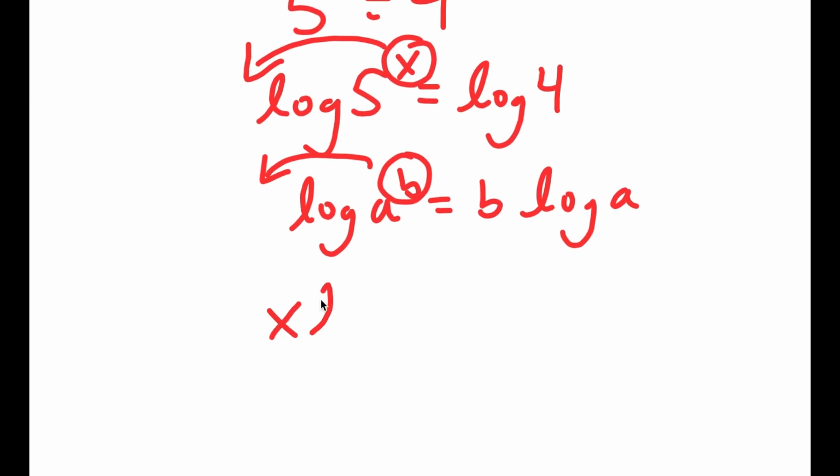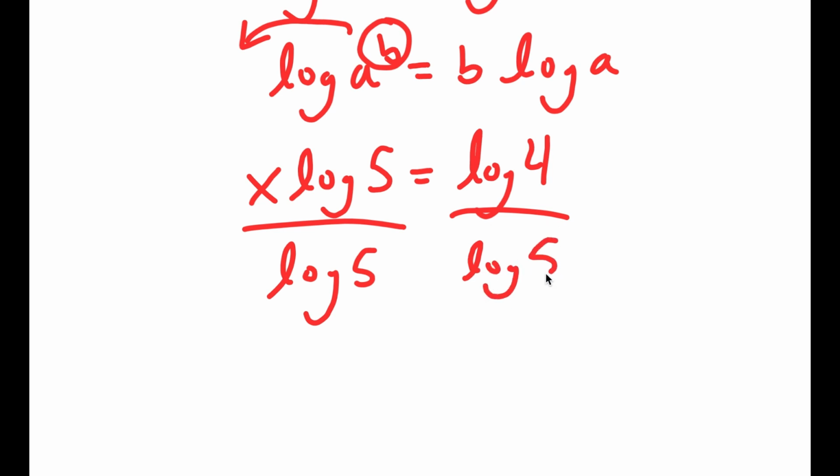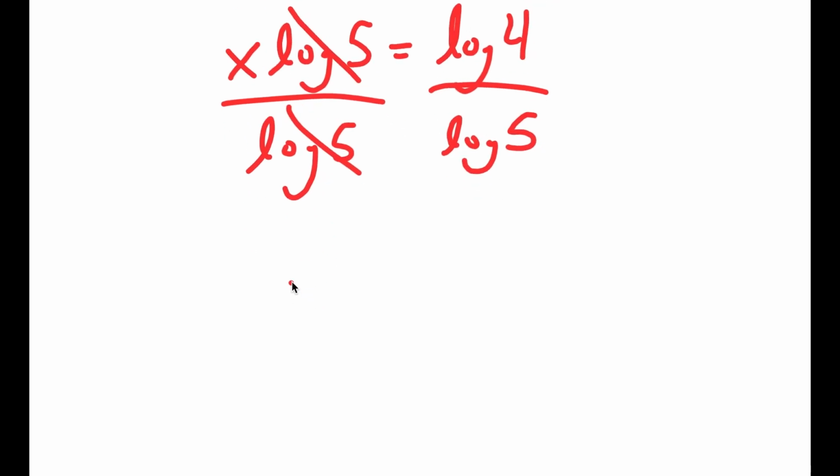So I get x times log 5 is equal to log 4. Now if I divide both sides by log 5, these two cancel out, and I get x is equal to log 4 over log 5.